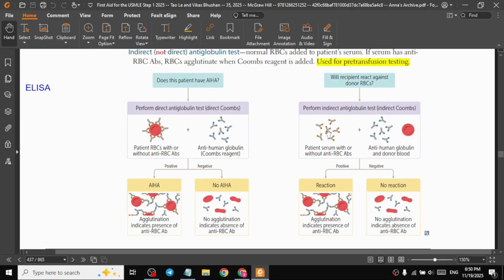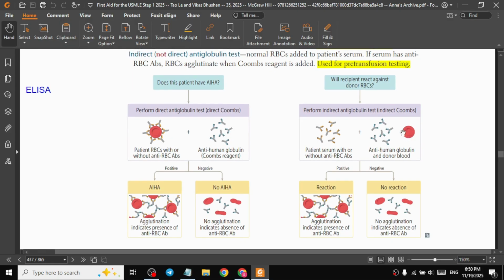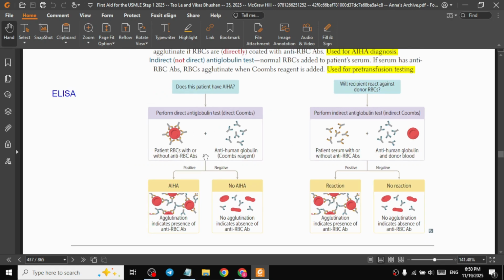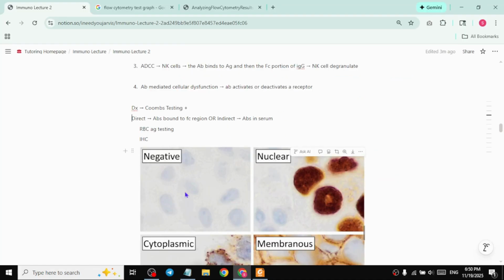So that's the indirect part. I have to give them this sacrifice, which is the sheep's blood, and then you can see that the Coombs reagent will bind to it, right? Once that is positive, you see indirect Coombs is positive. This means that the patient's serum has free floating antibodies against RBCs in the plasma. Okay, so that's the essence of direct versus indirect Coombs test. You look at direct antibodies bound to the Fc region or indirect antibodies in the serum. Okay, hope you understand that.